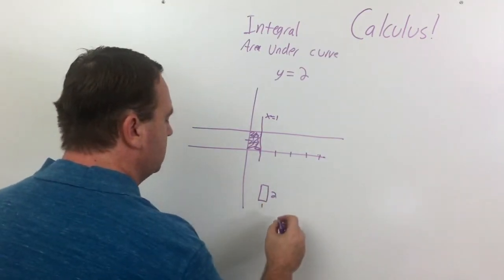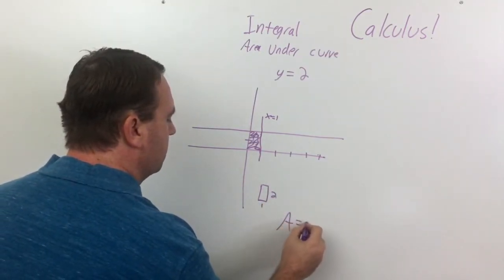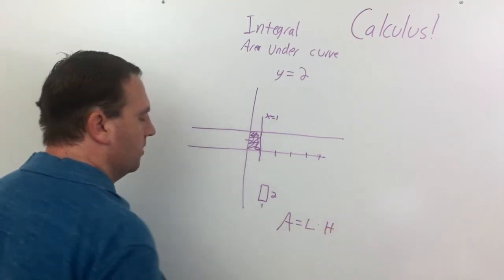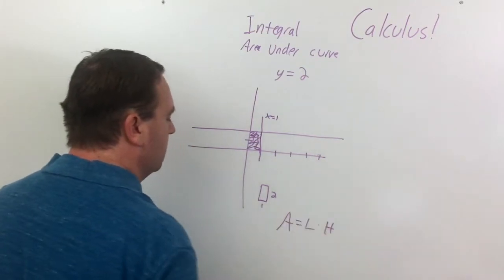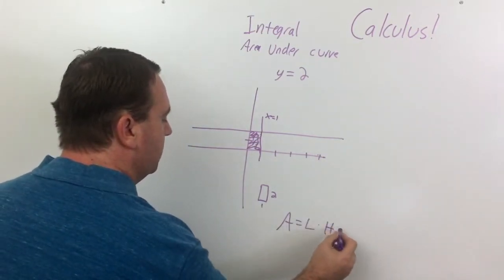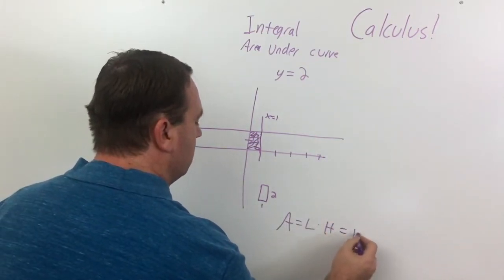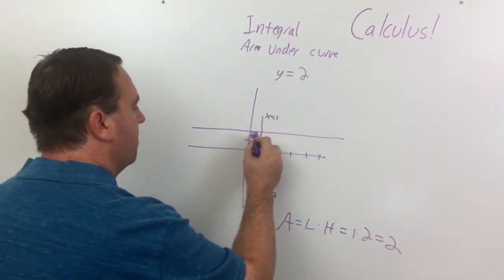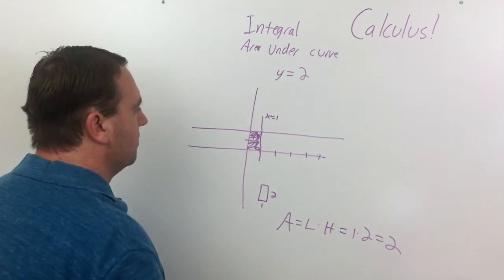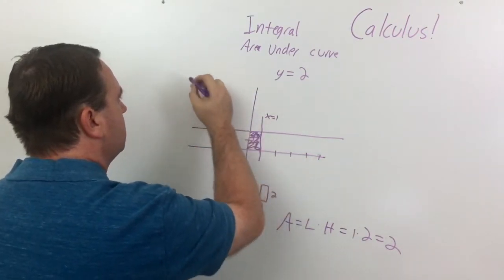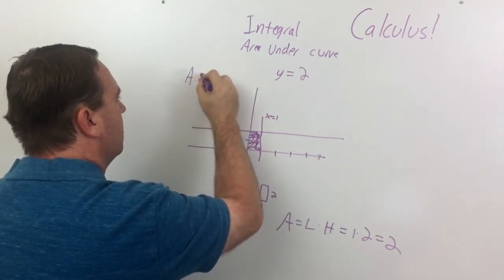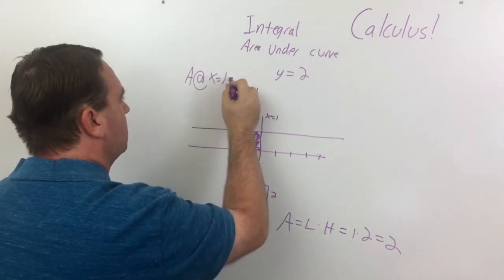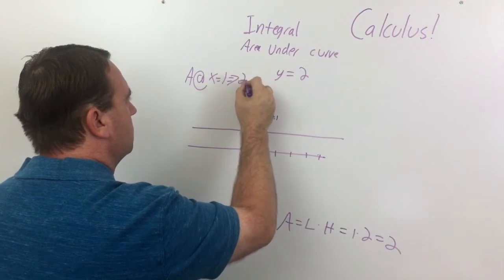Well, for rectangles, area equals length times height, or length times width, however you want to cut that cookie. In that case, that is 1 times 2 is 2. So the area at x equals 1 is 2.